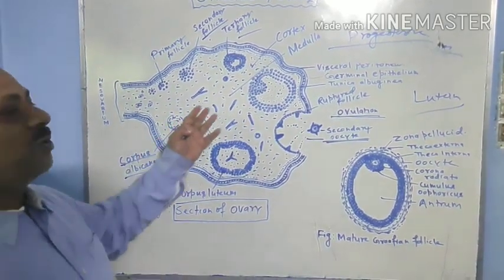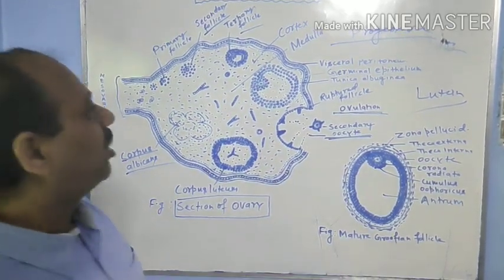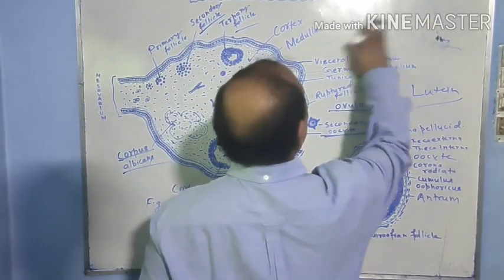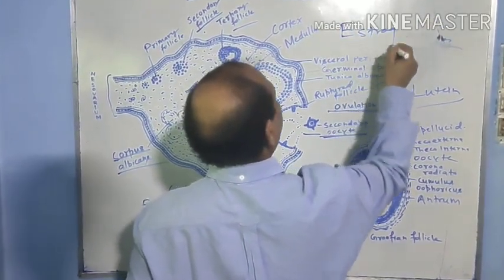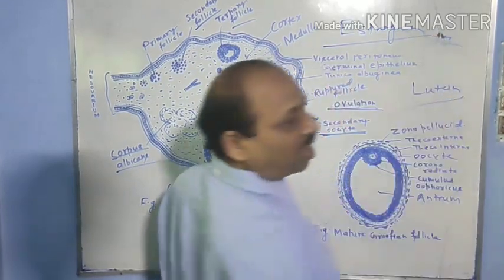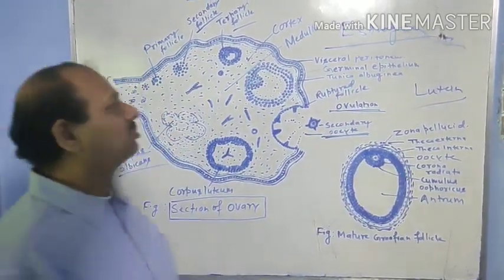In female, follicular cells also secrete a hormone known as estrogen. It is also known as female sex hormone.